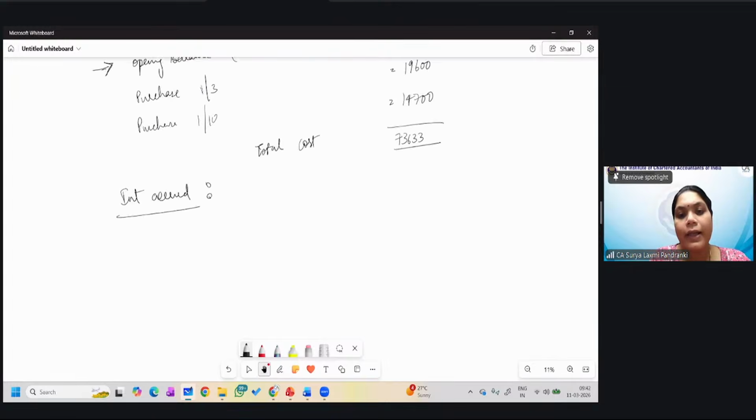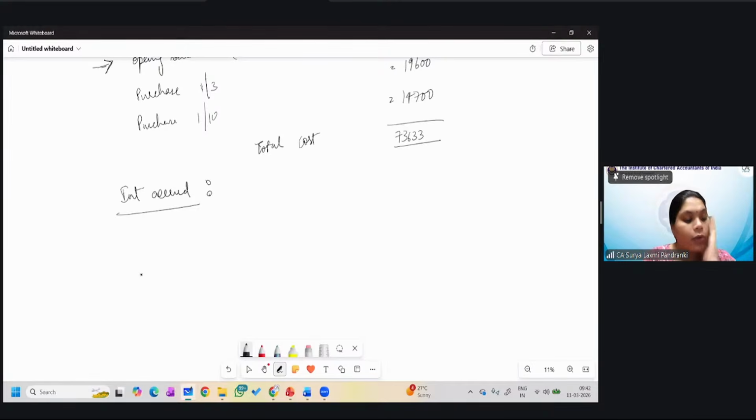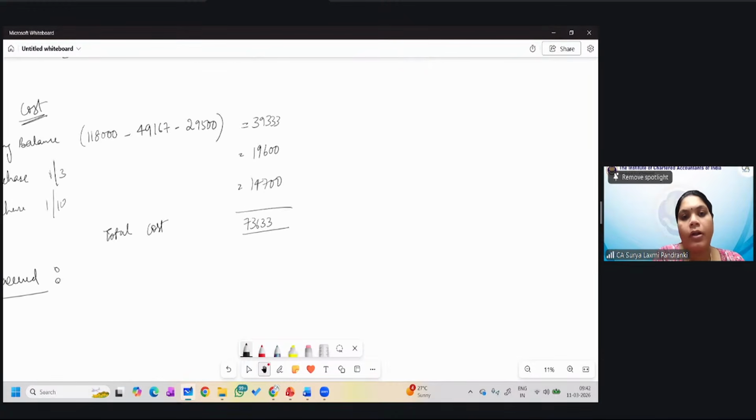Now let me also calculate the interest accrued. Interest accrued should be on how many shares? How many shares are left? Let us also do that.